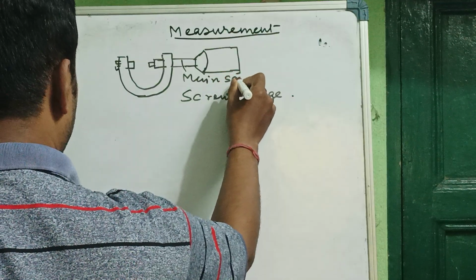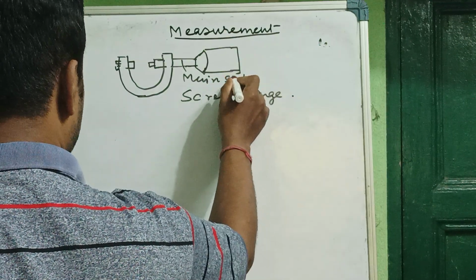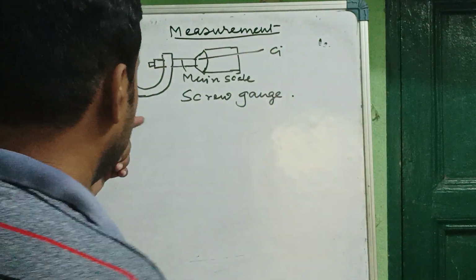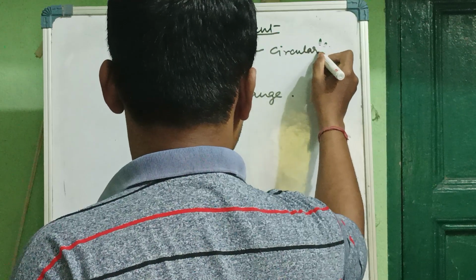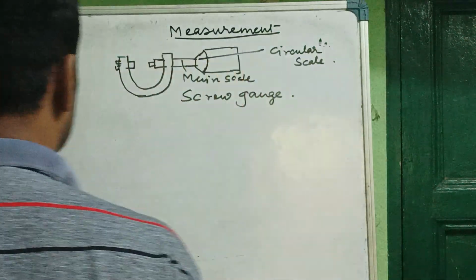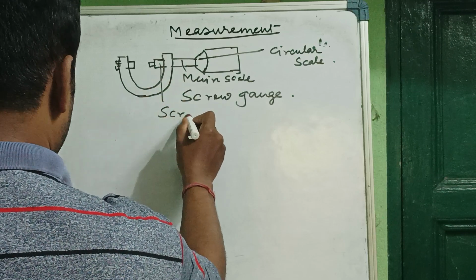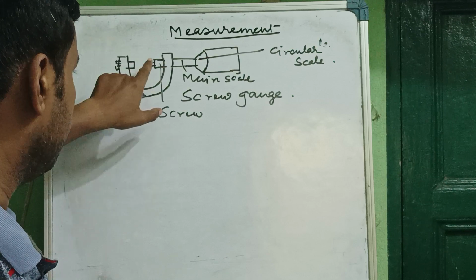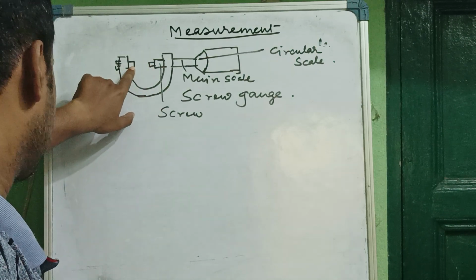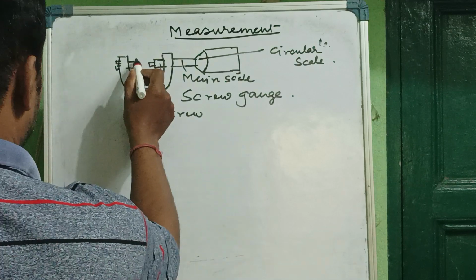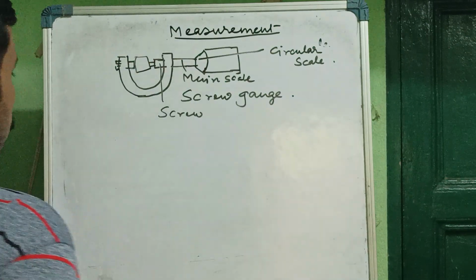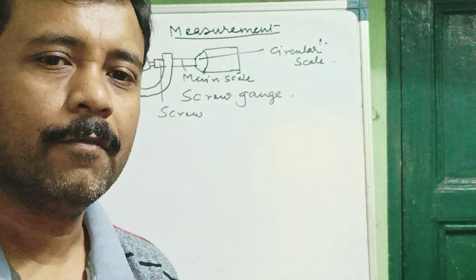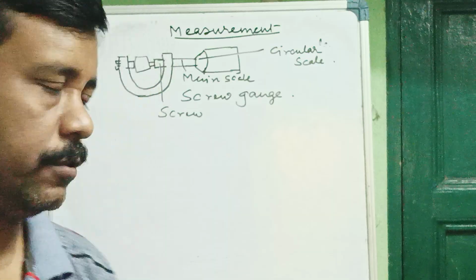The screw gauge also has a main scale, and in place of the Vernier scale, here is a circular scale, and this is the screw. To hold the object, we place it between the screw and the stud. This is the stud. If an object is placed between the stud and the screw, we can precisely measure the length or diameter of the object.